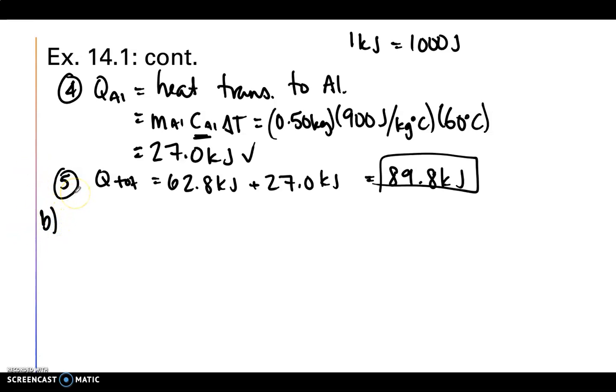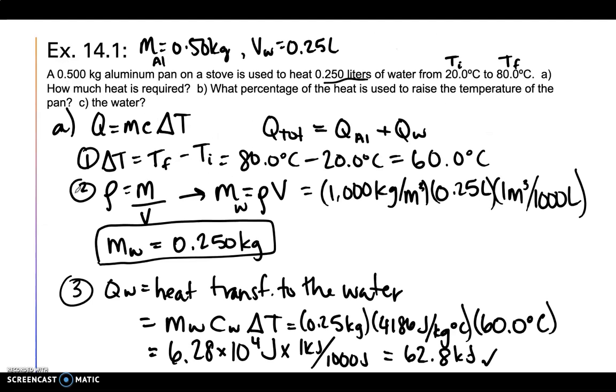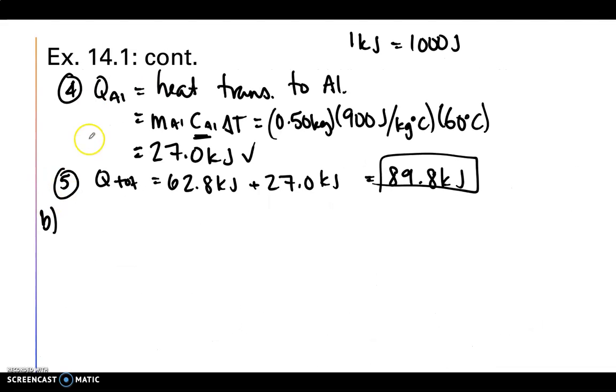Okay, part B and C are a little more simple. It states what percentage of the heat is used to raise the temperature of the pan. And then the same question for the water. So for the pan, that's the aluminum, we're going to take this value, 27.0, and divide it by our total heat. That's what it's asking for. What percentage? It's a point there.